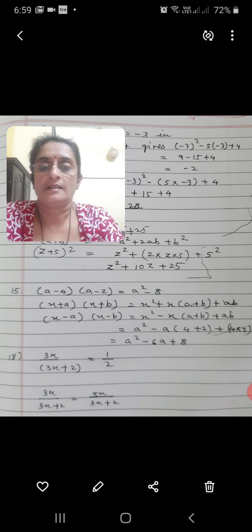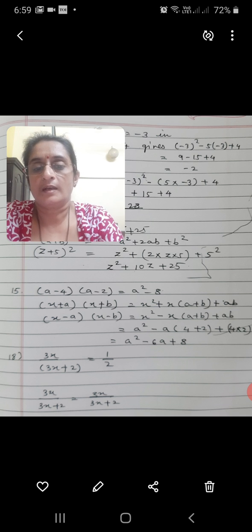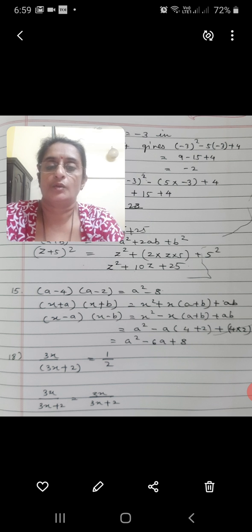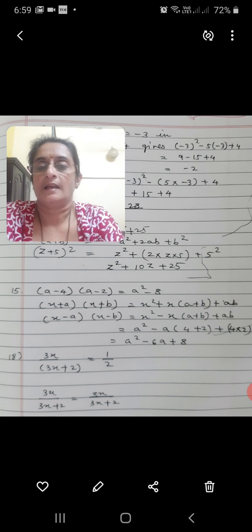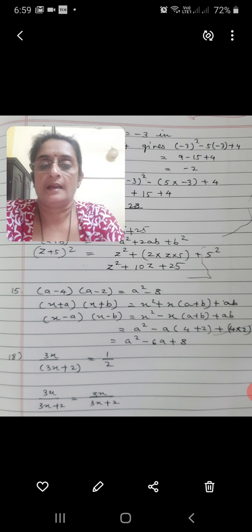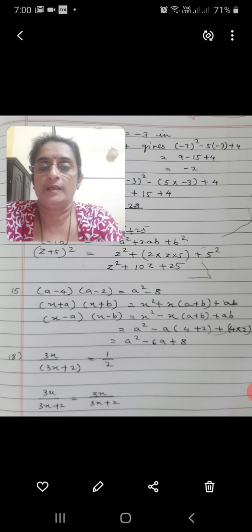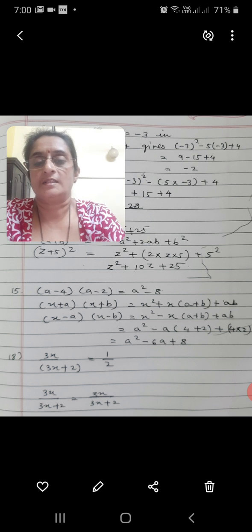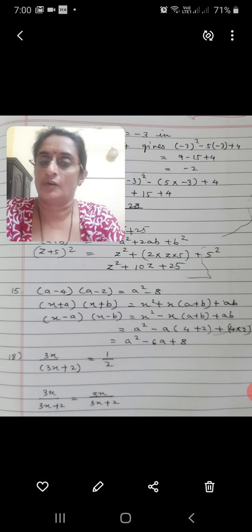So in the answer, the second term will be negative: x square minus x(a plus b) plus ab. Here x is a, so we write a square. The second term will be a into (4 plus 2), and the last term is 4 into 2. When you solve it, you will get a square minus 6a plus 8. That is our answer. The answer given, a square minus 8, is wrong.